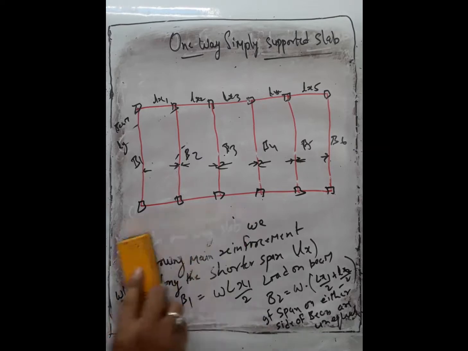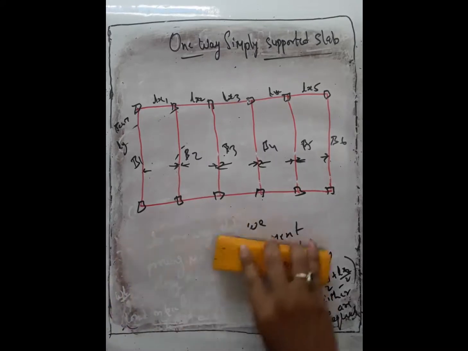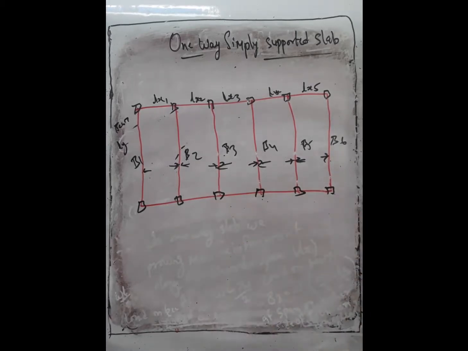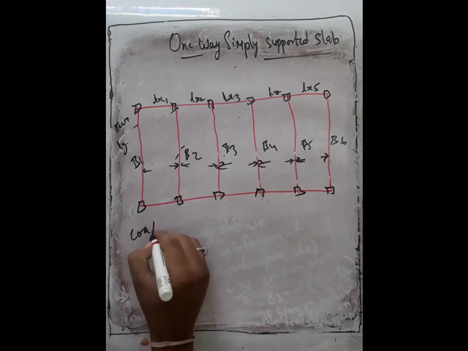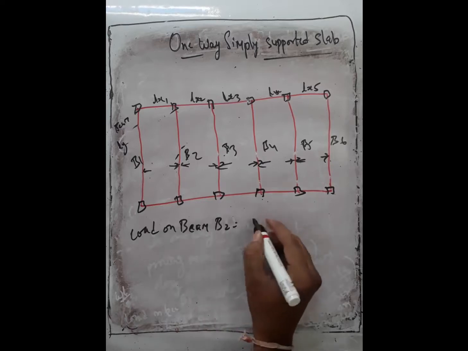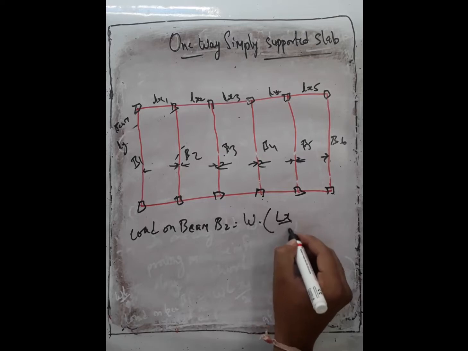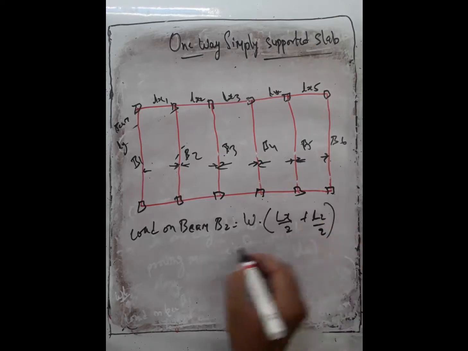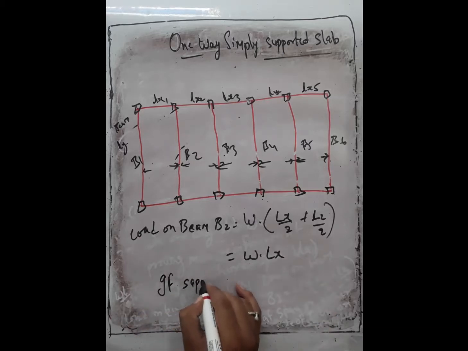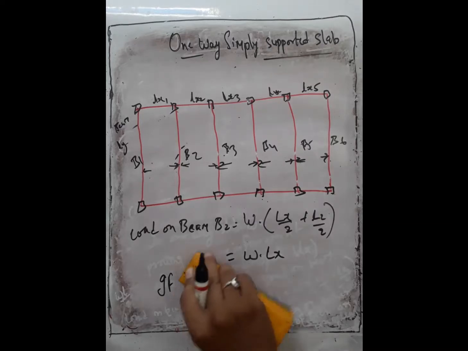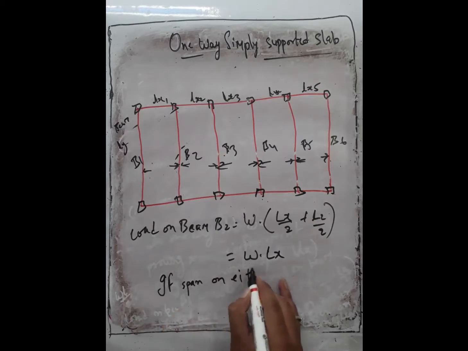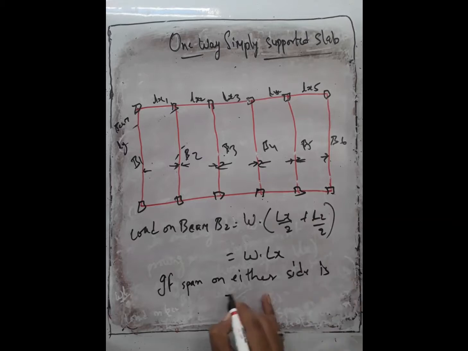If the spans are equal, in that case simply take the load on beam B2 equal to W times Lx by 2 plus Lx by 2, or W times Lx, if the span on either side is equal.